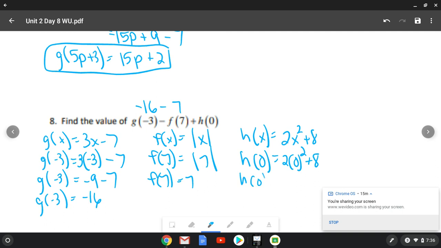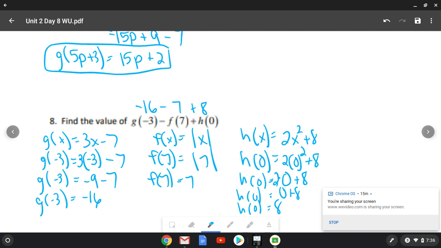So 0 squared is 0. 2 times 0 plus 8 would be 0 plus 8. So that should be 8 in the end.